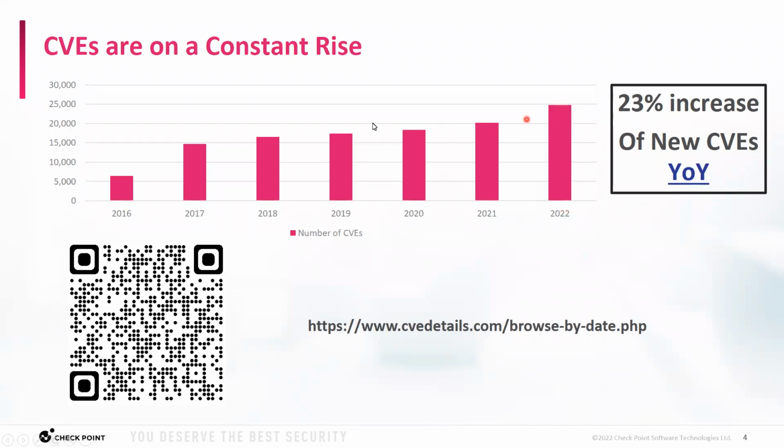We are almost at 25,000. I know that this is for all of the operating systems, all of the applications, everything that we have in our network. But still, today we have a lot of operating systems. We have a combination of software, applications, management systems, a lot of things. So I believe that you have at least 10% of all of the affected software and operating systems in your network.